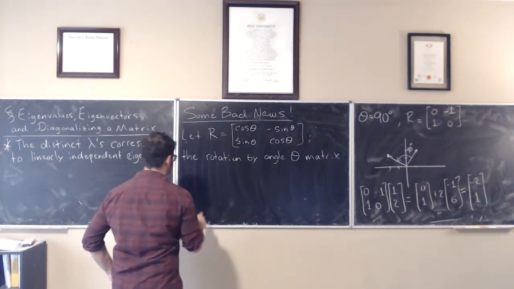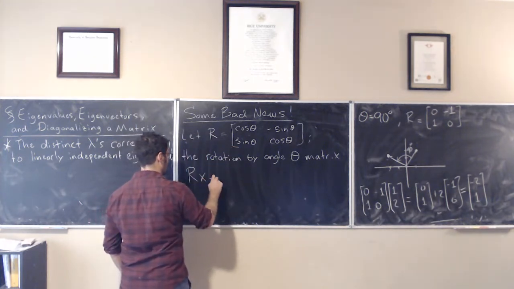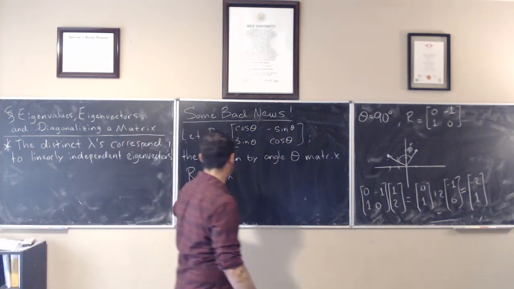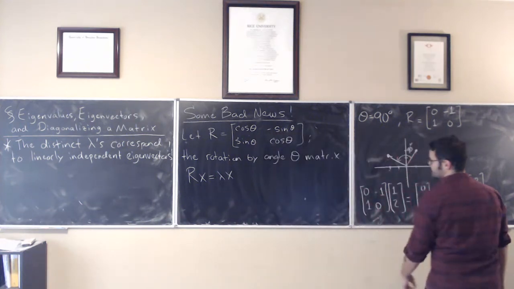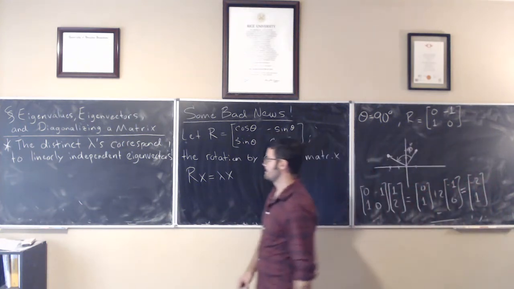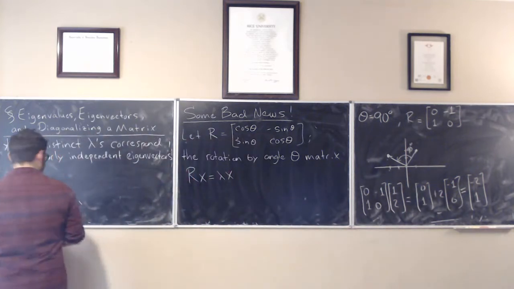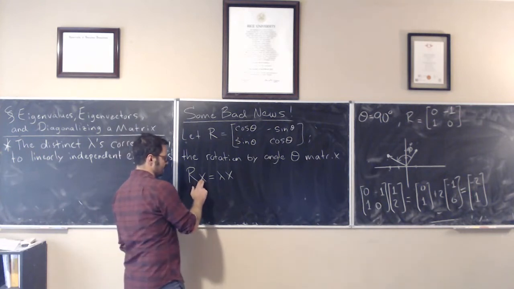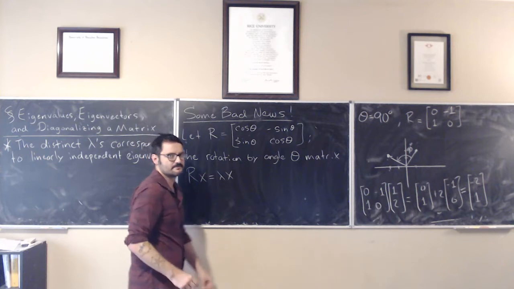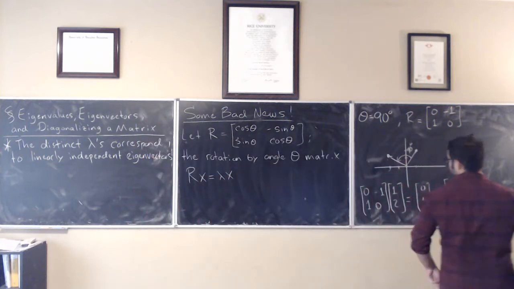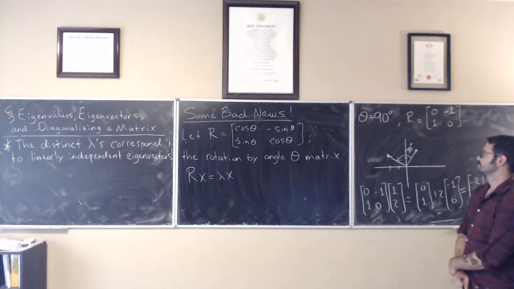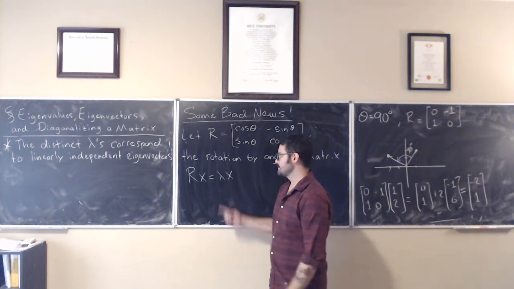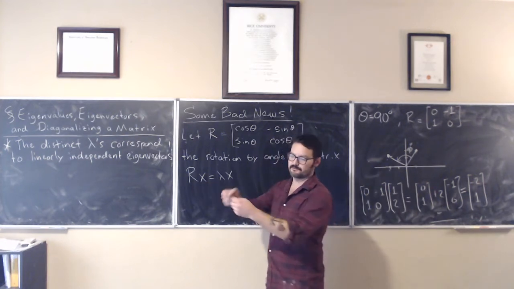So if that's R, right, what lambdas and x could satisfy that? Does that have any solutions? Just geometrically, what does it mean for this to happen? The matrix times the vector is a scalar multiple of the vector. Can that happen with the rotation matrix here at 90 degrees? What does a scalar times a vector do? It just stretches it or reverses it, right?